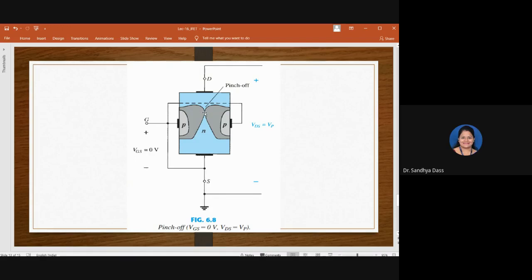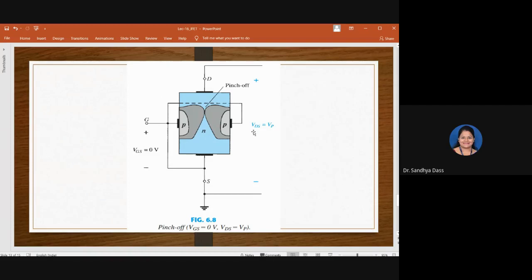You can imagine pinching with your thumb and index finger. If you pinch like that, you are pinching off this channel, blocking it for the flow of current. Are you able to visualize things?